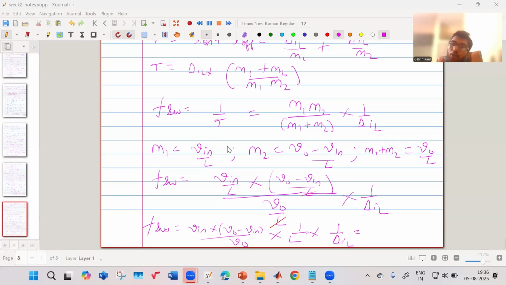Your input is 12 volt, your output is 48 volt, your inductance is 3.3 microhenry. Delta IL is 4.5 ampere.